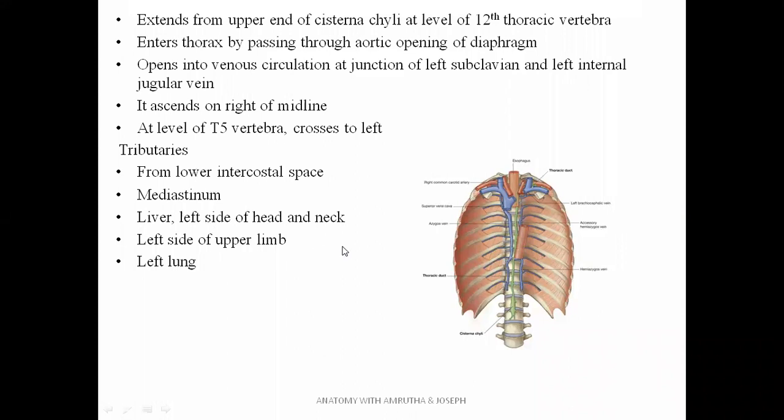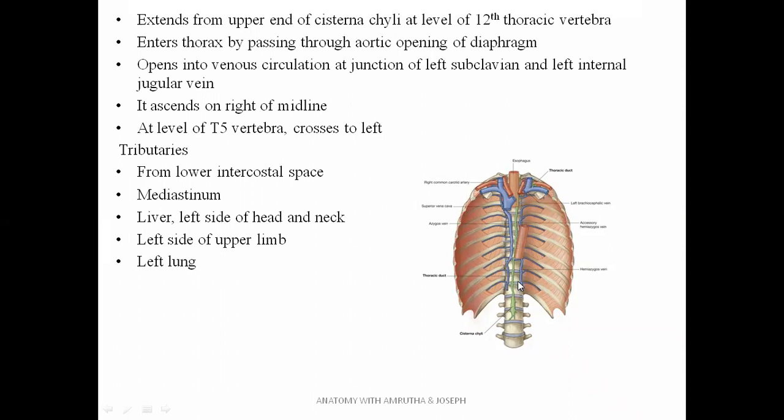So it's the largest lymphatic duct of the body, beginning at the 12th thoracic vertebra from the upper end of the cisterna chyli, or you can say the cisterna chyli continues as the thoracic duct. It passes through the diaphragm with the abdominal aorta, and it drains into the venous circulation at the junction of the left internal jugular vein and left subclavian vein.